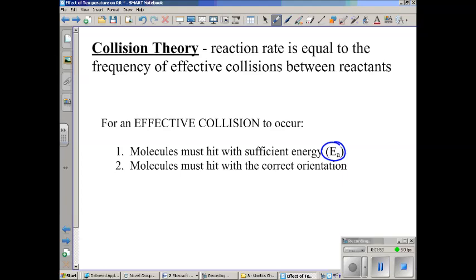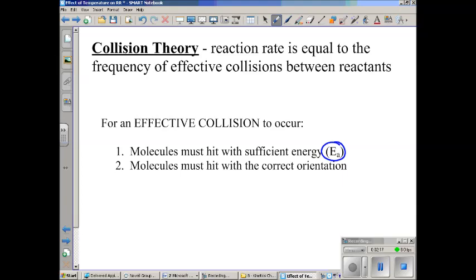The second thing is they have to hit each other correctly. They have to hit the right parts of the molecules, have to actually collide. If you take a look at the example in that little box you have there, the first picture is showing you that the A2 and B2 molecules are lined up correctly to be able to bump into each other to react. Now, you don't have to know what the correct orientation is.